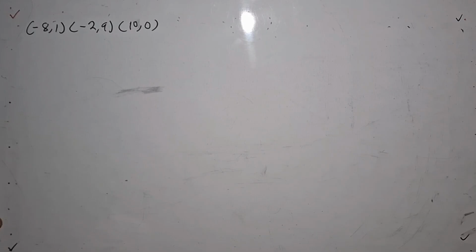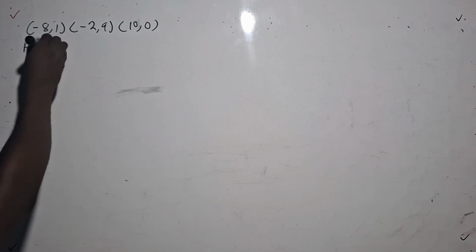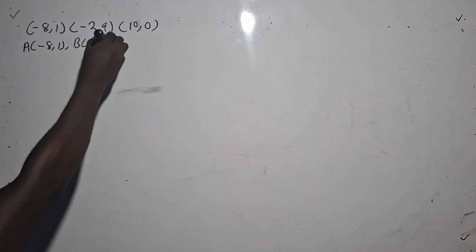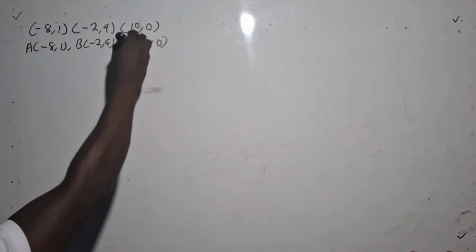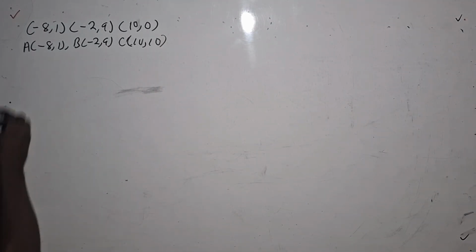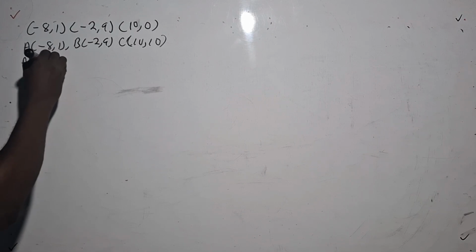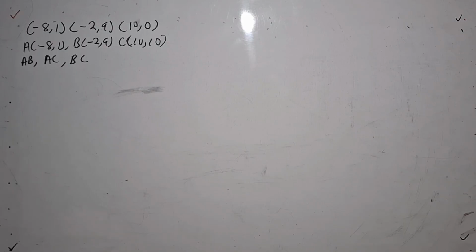Let me use alphabets for them, A, B, and C. So I'll say A is negative 8, 1, B is negative 2, 9, then C is 10, 0. So I can pair AB, AC, and BC and use them to determine my lengths.